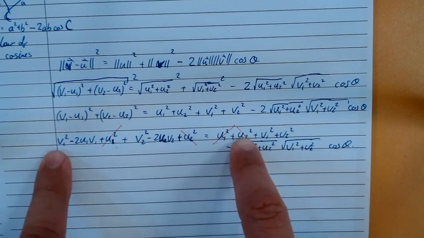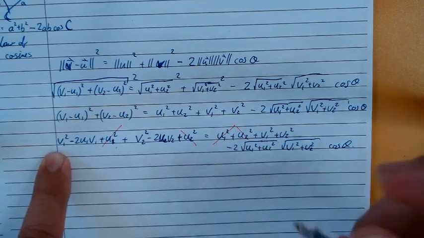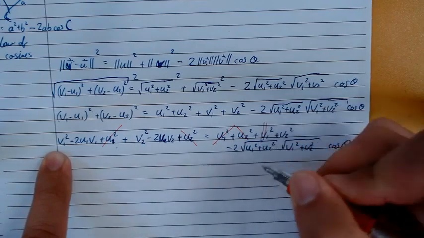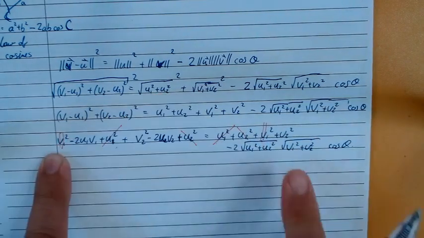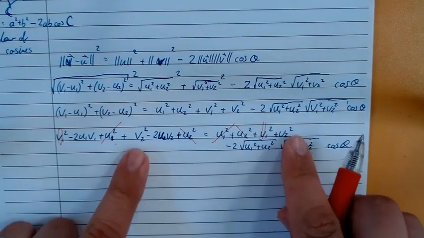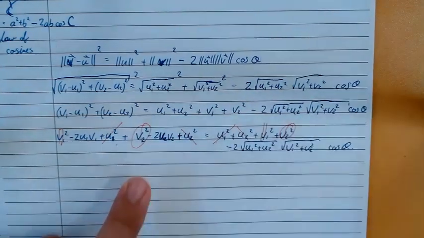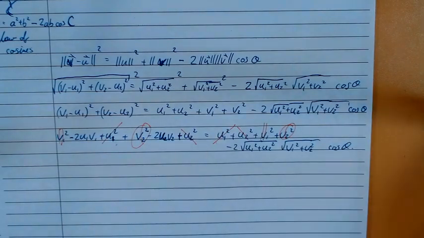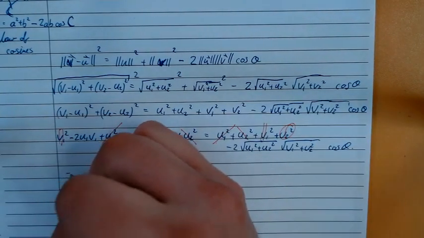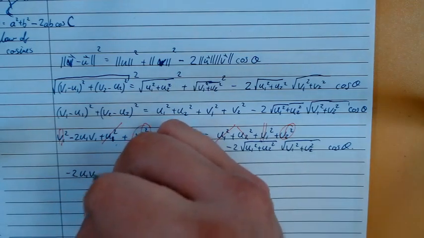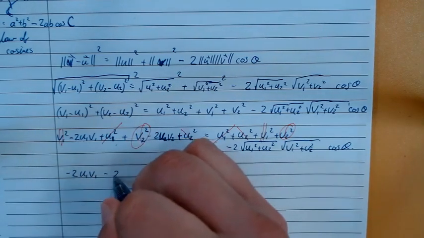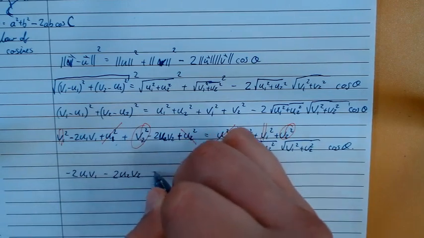Likewise, v1 squared is on both sides of my equal sign. So if I subtract it from both sides, that's gone. And v2 squared is the same. So if I subtract that from both sides, that's all gone. So now I'm left with something much, much simpler. I'm left with negative 2u1v1 minus 2u2v2.